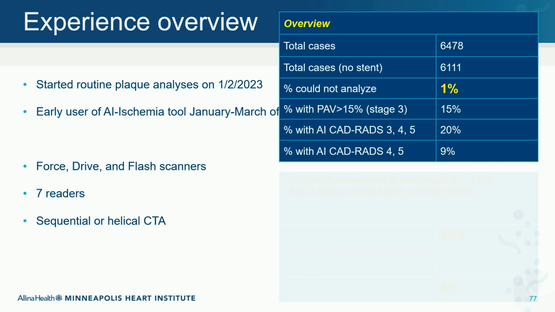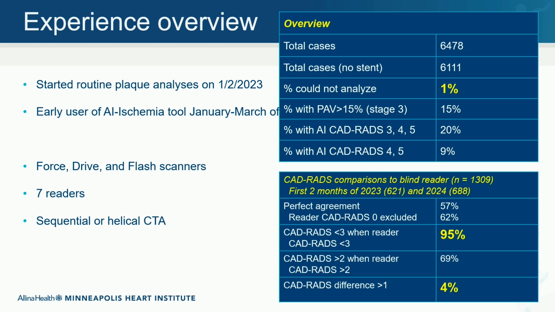So what we did is for the first 2 months of 2023, and then we repeated it again this year, we read our scans the way we typically would and reported it, and did not reference the Cleerly results. Then I did a retrospective look at what the Cleerly results produced compared to our clinical reads.